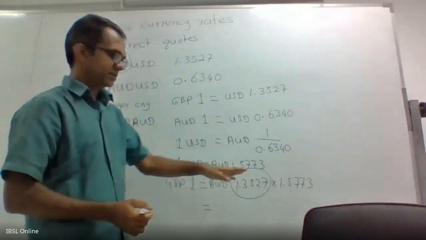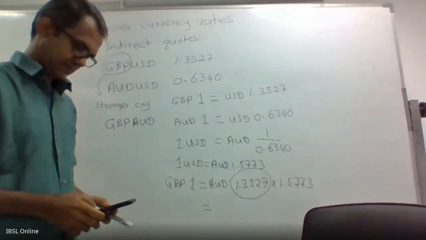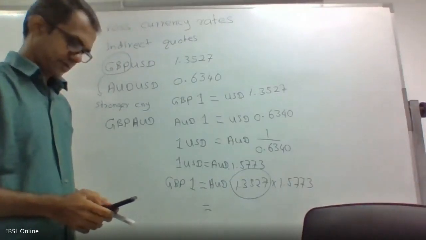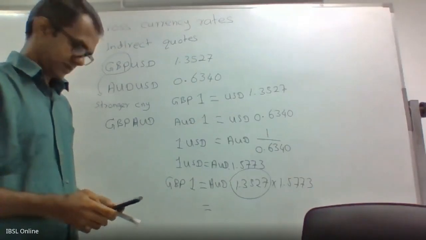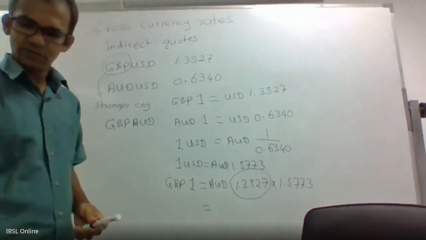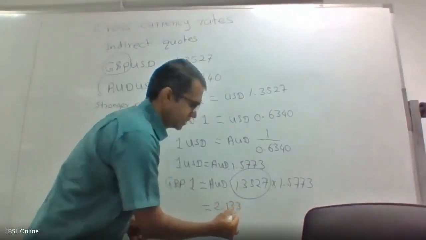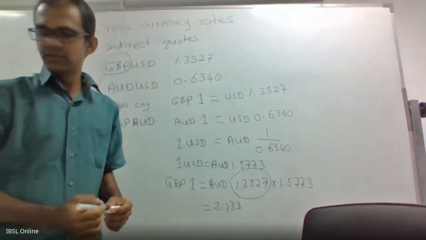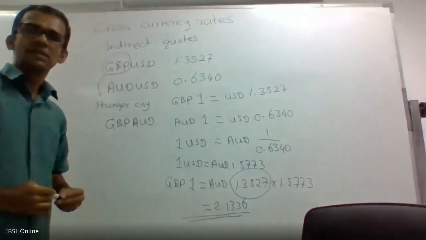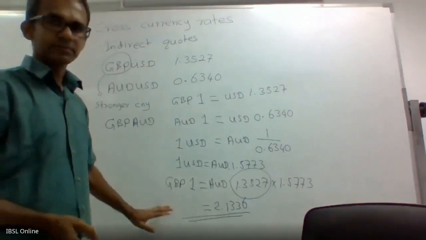You multiply this, you will get the answer. $0.1336. Clear?